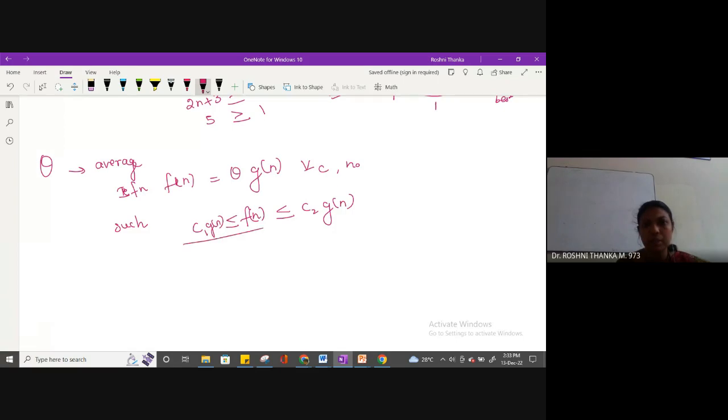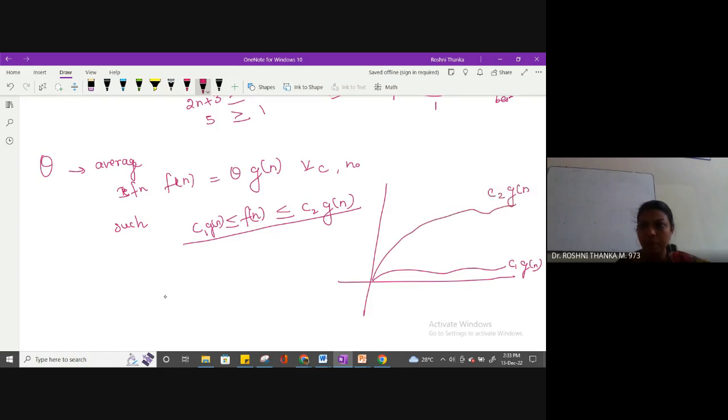This is how our condition should look, because our graph will be like this. Here the function should be in the average, right? Consider this is c1 into g of n, the best case function, and let's consider this is our worst case function, c2 into g of n. Our function will come somewhere around here as an average case.